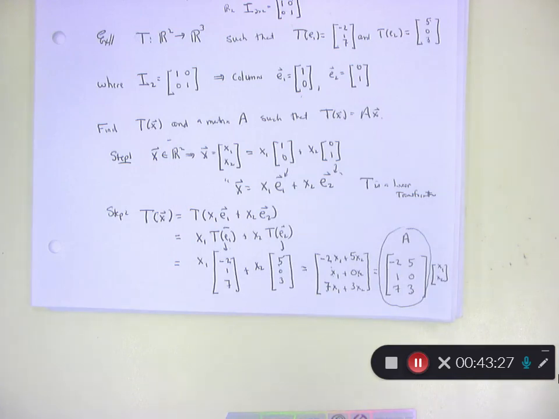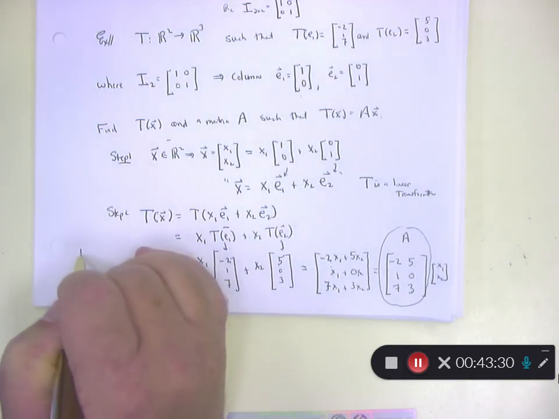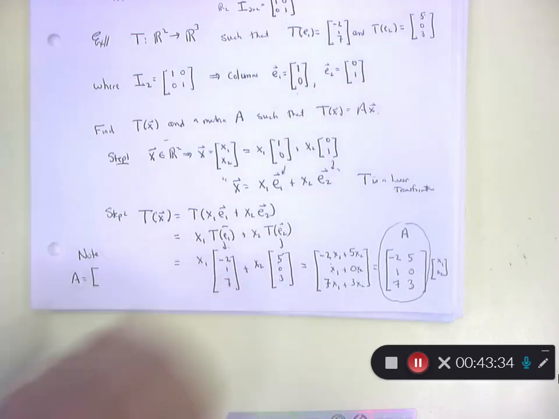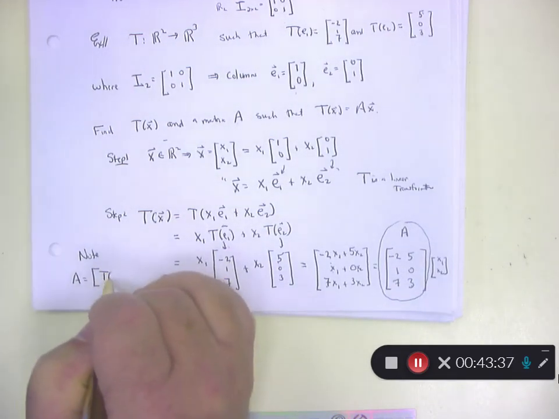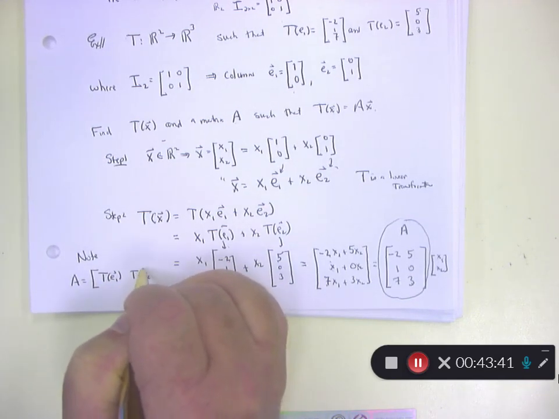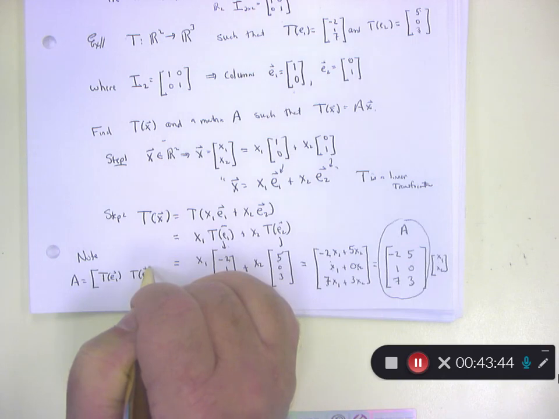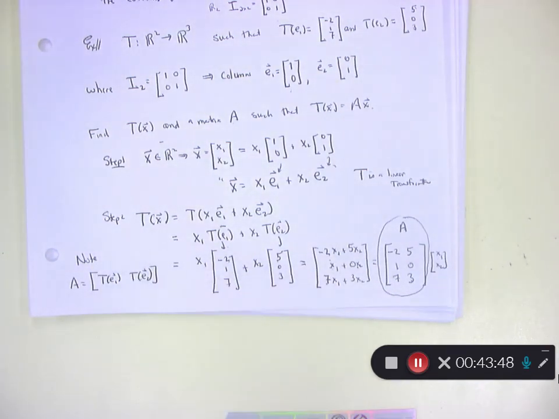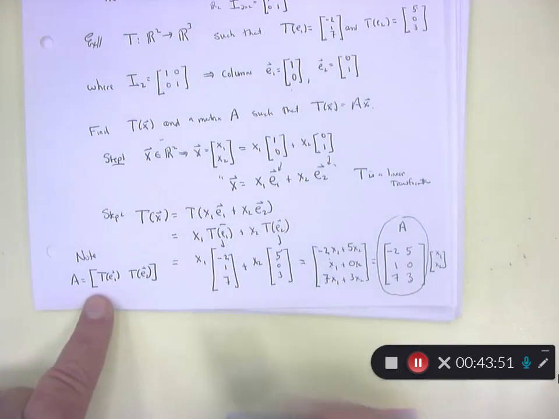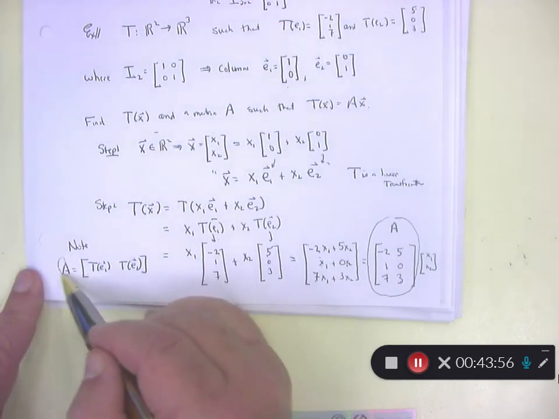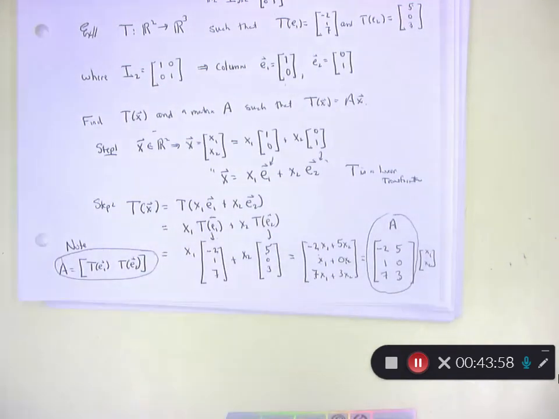So what we're really saying here is that note that the matrix A is going to be column-wise T of e1 vector and then T of e2 vector. And basically, these are your components. If I had more components, I could have put them out here. But that's exactly what's going on. You're putting the vectors, the T of e1 and T of e2. This is how you're going to create the matrix A that represents your linear transformation.